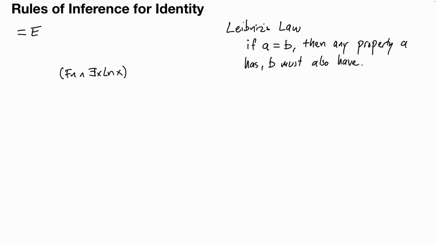Now, suppose we know that the individual named by N and the individual named by M are actually one and the same.